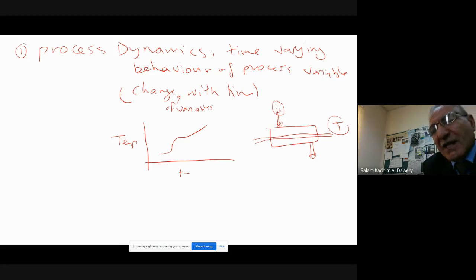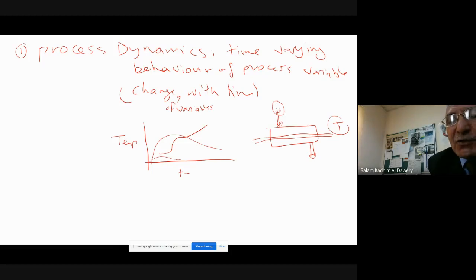How will that affect the temperature? How long will it take for the control system to bring it back? And what is the size of the change? Sometimes the temperature just rises a little, sometimes it goes higher.